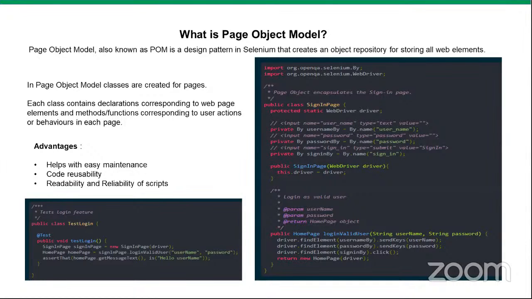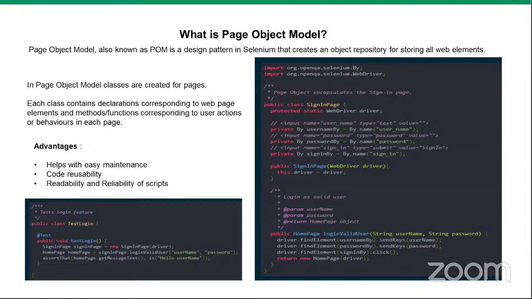You can see on the screen a page is created. Let's say we have an application where we have n number of pages. A sign in page is one of the pages which we have taken. We will create a class corresponding to the sign in page, which will contain the elements present in the page, like username, password, and sign in.